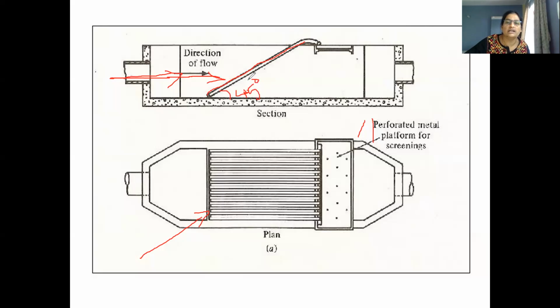Whatever screen particles are attached over here can be removed manually or mechanically into this chamber, and later on it can be sent for the treatment of solid waste. Then wastewater free from the screens will be moved forward to the next treatment unit operation. And this is the plan.